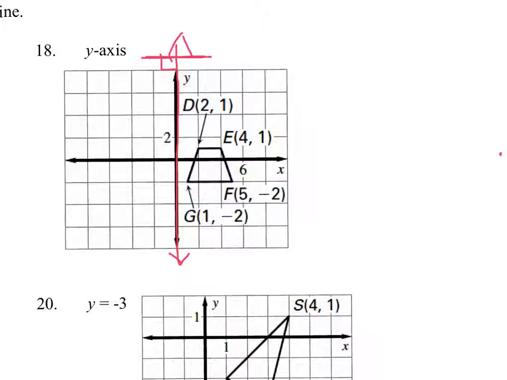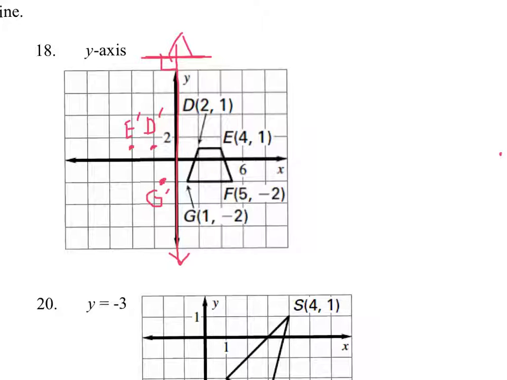So I'll just start with the ones that are closer here. You can see G is just half a grid unit away, so we're going to count half a grid unit there, and there is G prime. D is 1 grid unit away, and so it's going to be 1 grid unit away on the other side. E, you can see, is 2 grid units away, so if you count 1, 2, and then just keep going, 1, 2, and there is the new E prime.